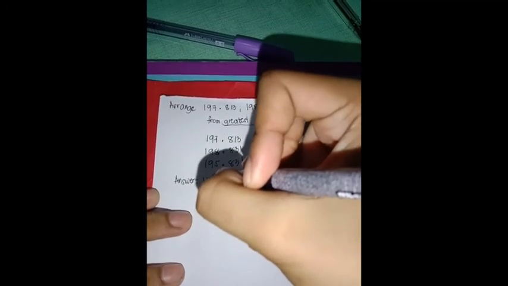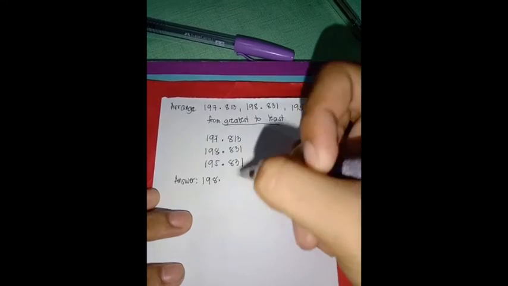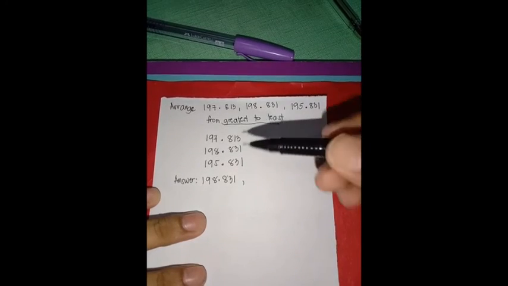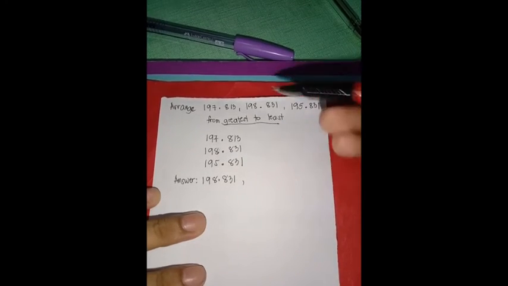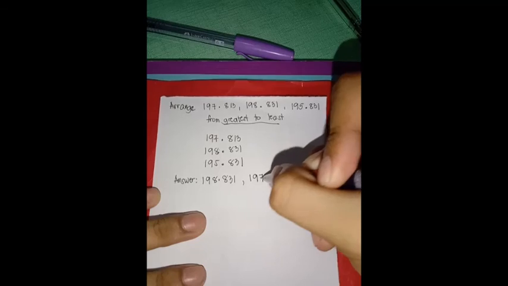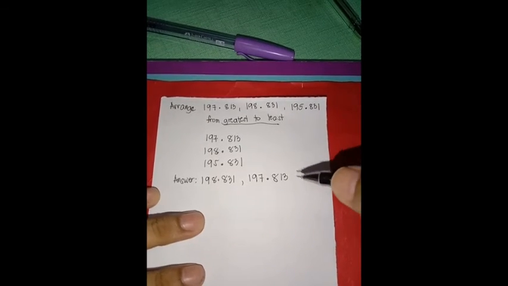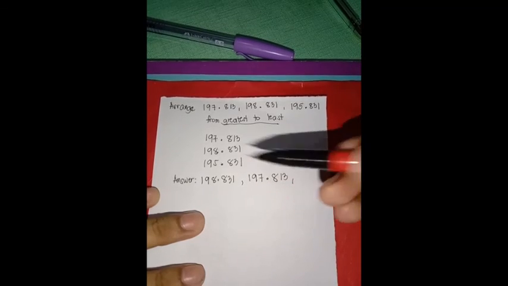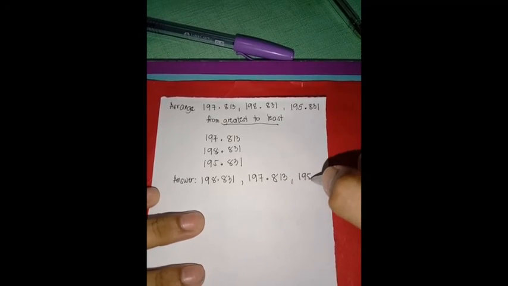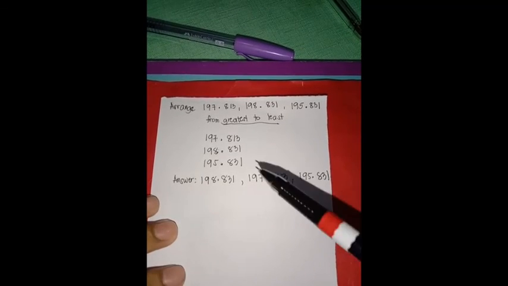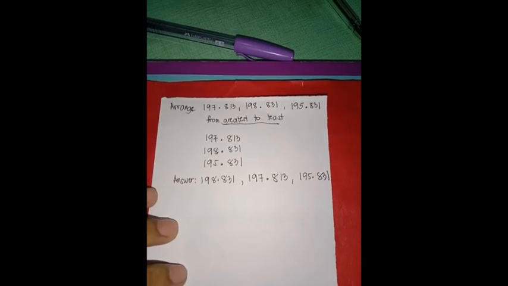So the answer here: we have 198 and 831 thousandths, followed by the number 7, which is 197 and 813 thousandths. And the last one is 195 and 831 thousandths. So that is ordering decimal numbers.